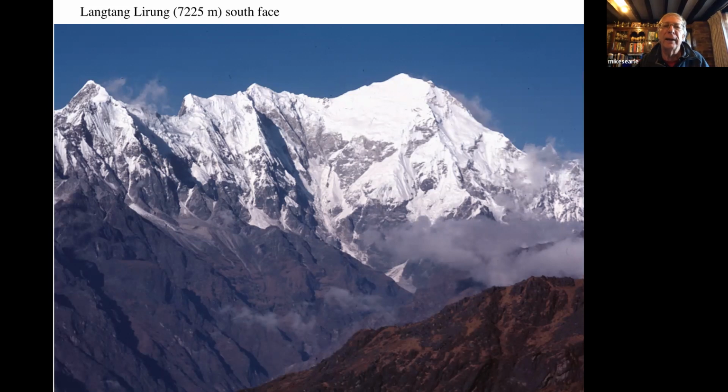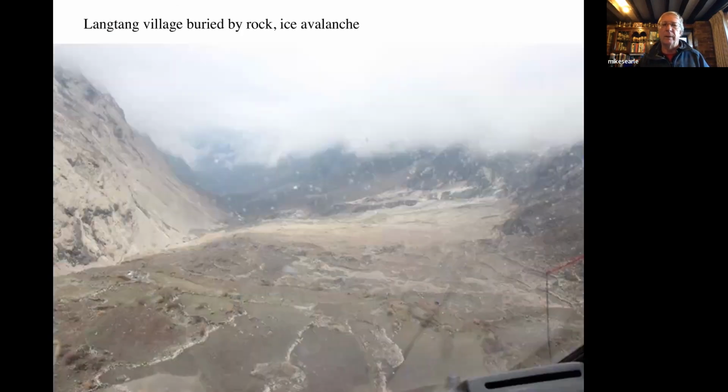This is a picture of Langtang Lirung. This is the first major peak we attempted to climb, through the south face here in 1980. We didn't get to the top, but unfortunately the 2015 earthquake loosened the whole of that south face, which completely collapsed and now buried entire villages.